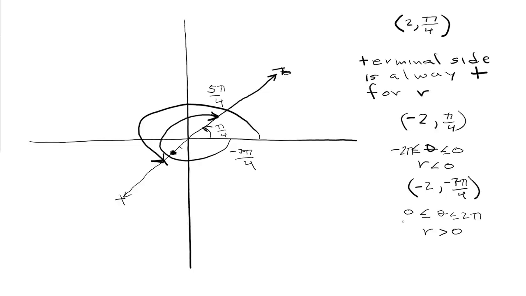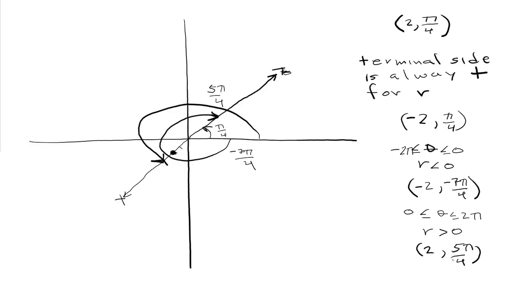So here's another representation for these conditions, where the radius is 2 and the angle is 5 pi over 4. So there are lots of different ways to represent one individual point in polar coordinates.